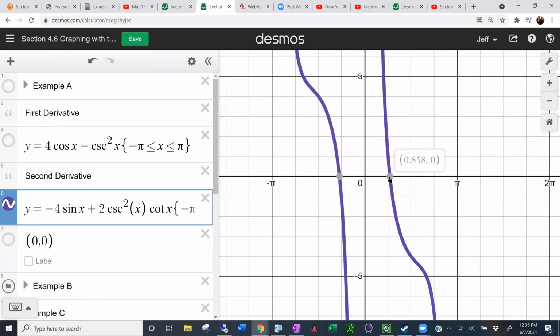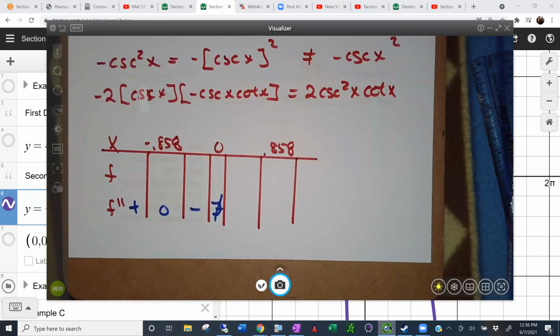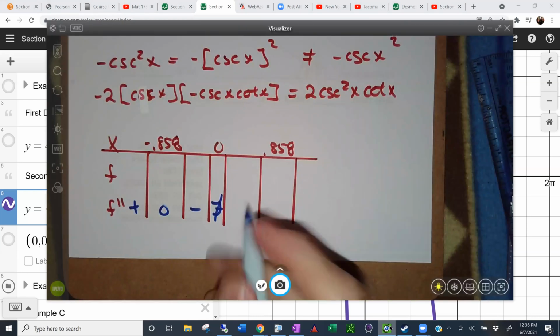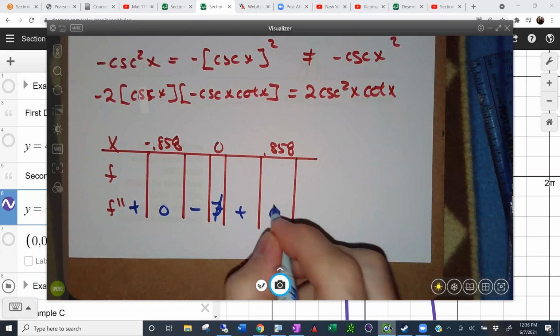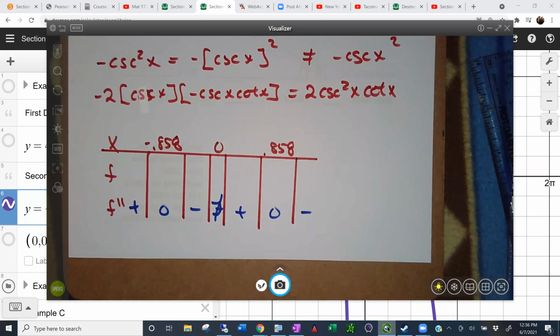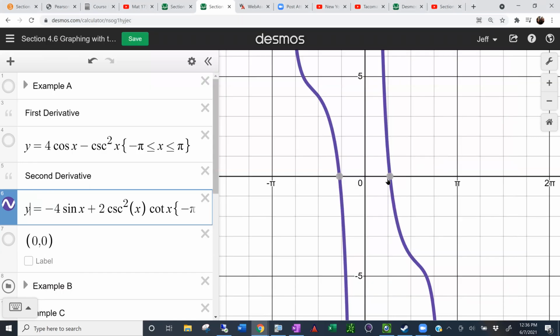The second derivative between 0 and 0.858 becomes positive. So, okay. Positive here, 0 here, and then negative to the right of 0.858. Beautiful.